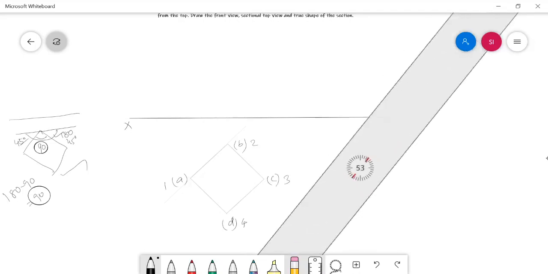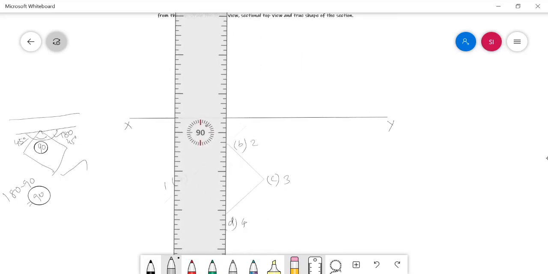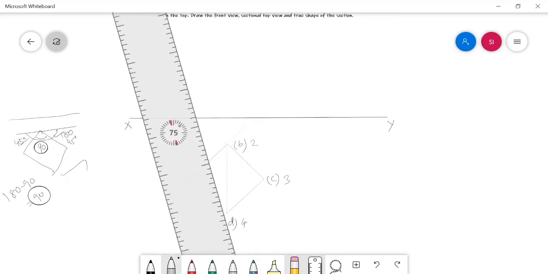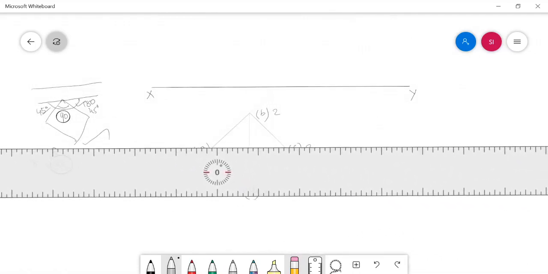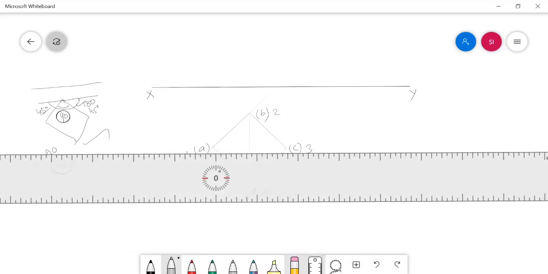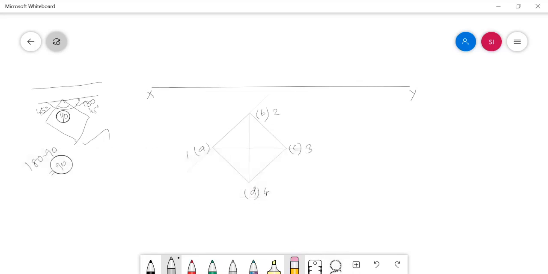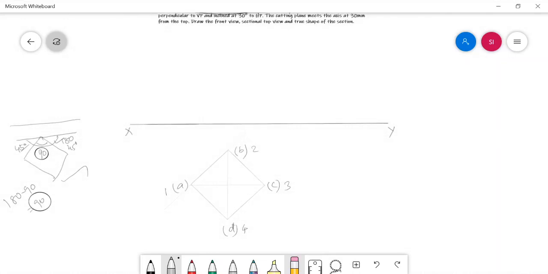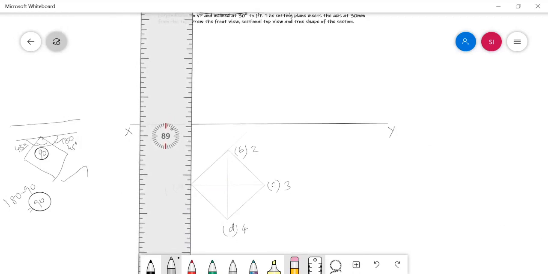And we have to identify the axis of the solid. Now I need to project each and every corner towards the front view to draw the lateral portion of the solid.